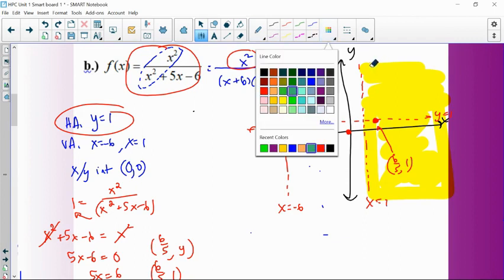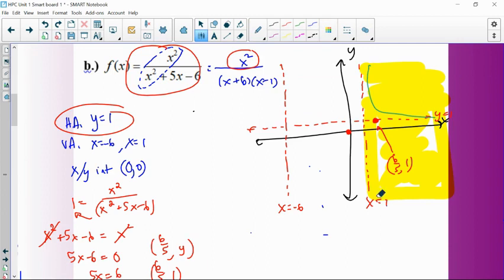Either something like this or something like this, but we know it can't be the one that's below, because I'd have to go through this point, which would require me to cross the x-axis right there. And remember, there's only one x-intercept. The only time this equals 0 is at 0. So I know I can't possibly cross there. So it's not that option.